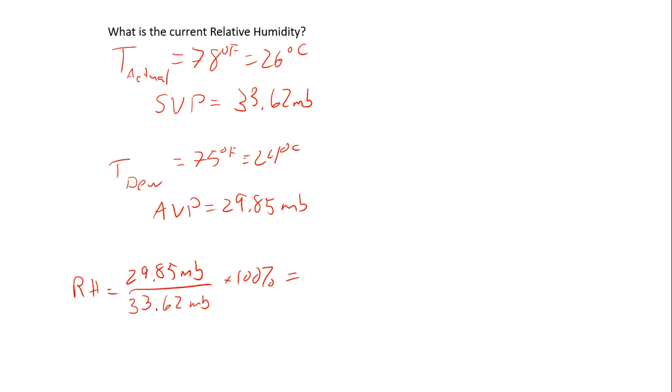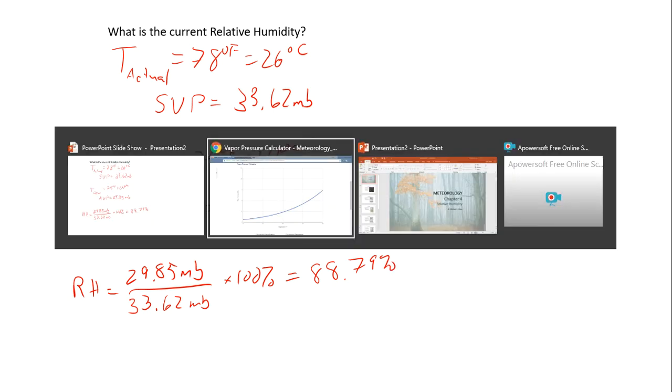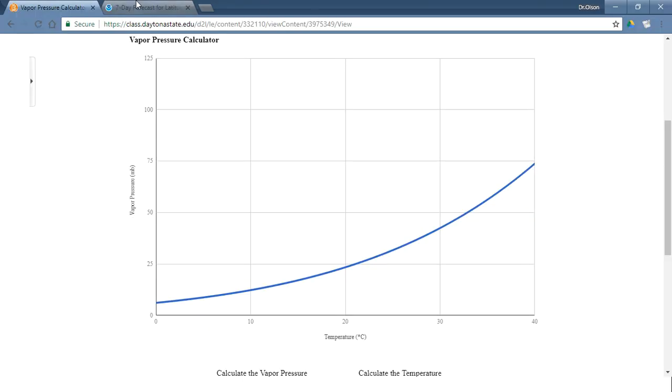Now, turning to my calculator again, 29.85 divided by 33.62 times 100% gives me 88.79%. Roughly 89%.